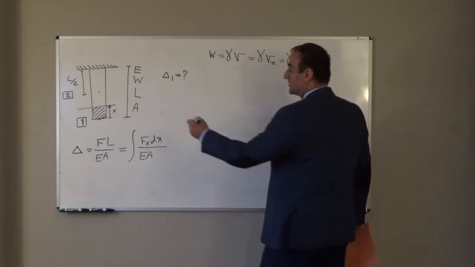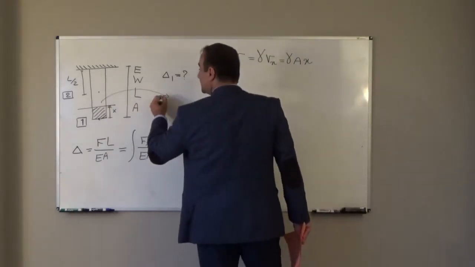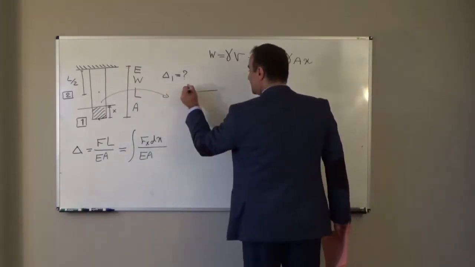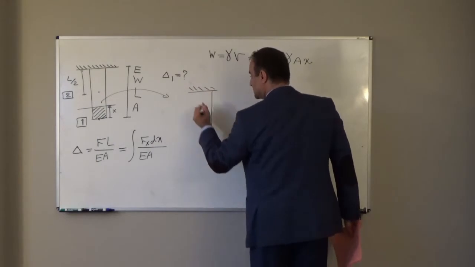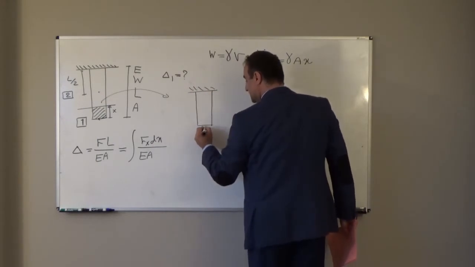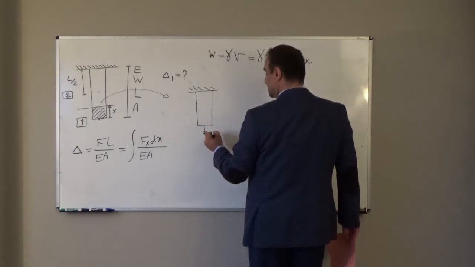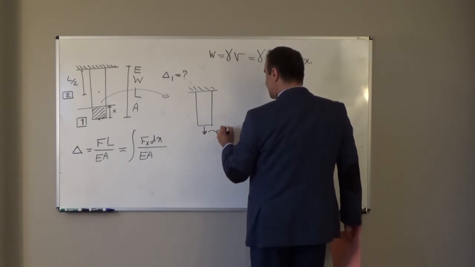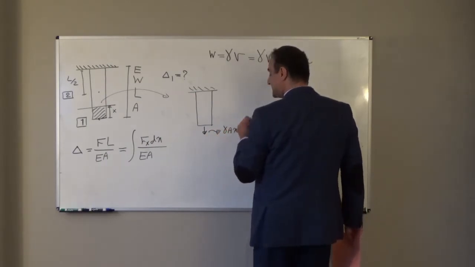So now the remaining part is like this, and here the external load is gamma Ax.